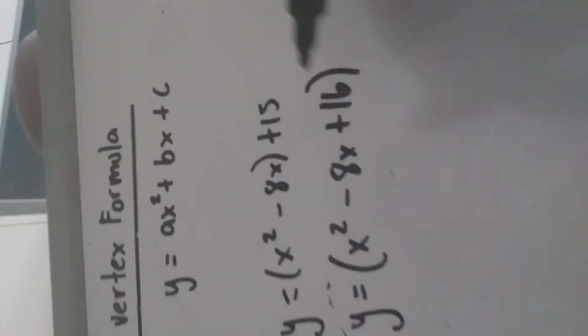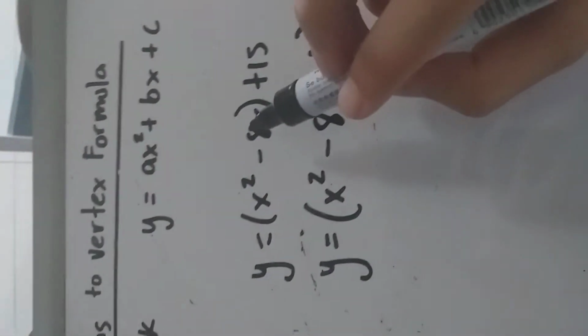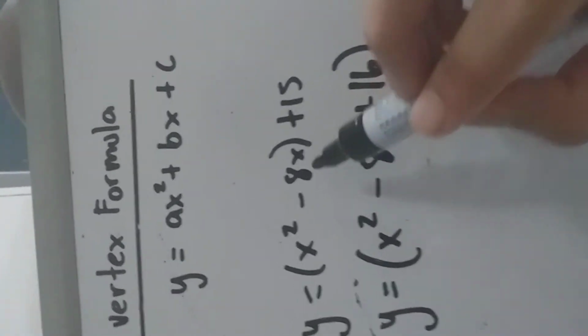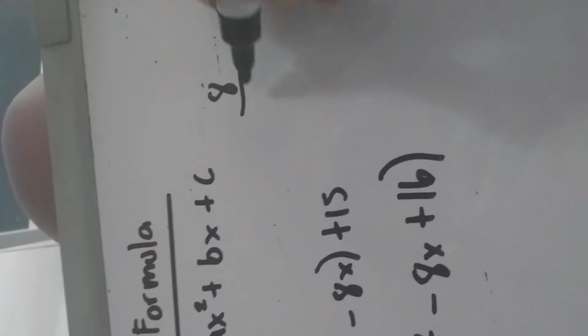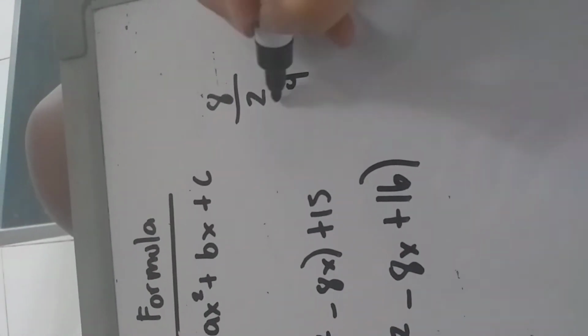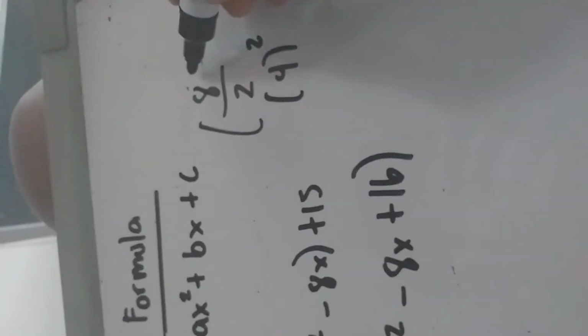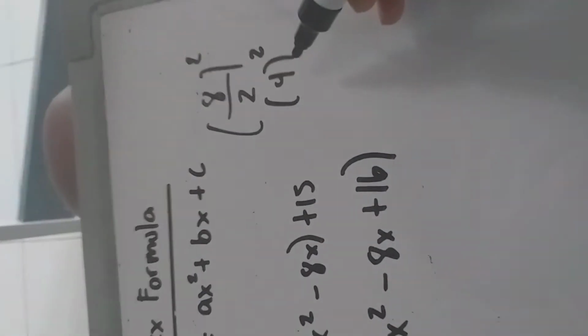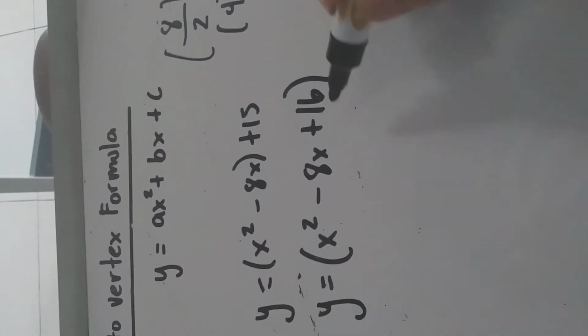Where did I get the 16? I took the coefficient of x, 8, divided it by 2. 8 divided by 2 is 4. Then I squared it, and 4 squared is 16. So here it is.